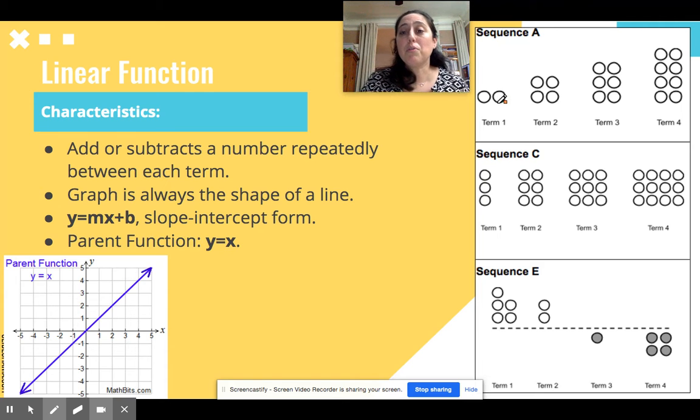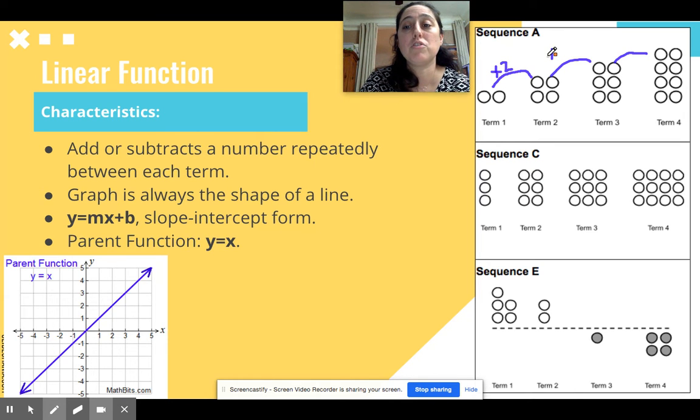And I'm going to go through, and I've got 2 circles, and I'm going to 4, and then I'm going to 6, and then I'm going to 8, right? So from 2 to 4, and 4 to 6, and 6 to 8, I am always adding 2 more circles each time.